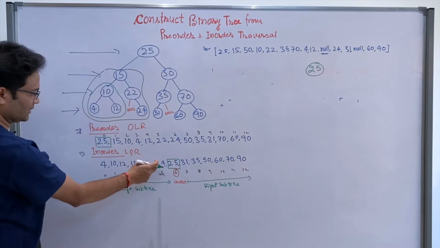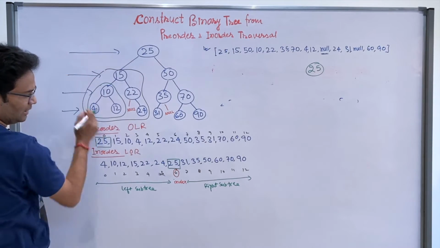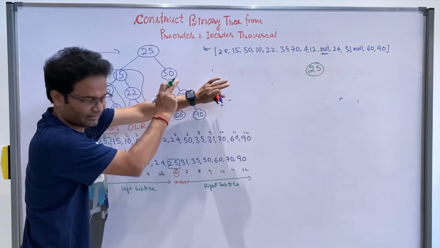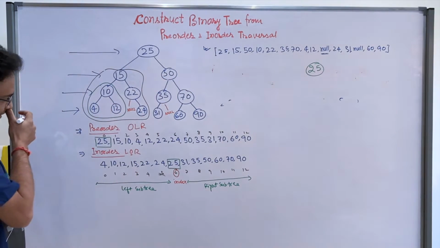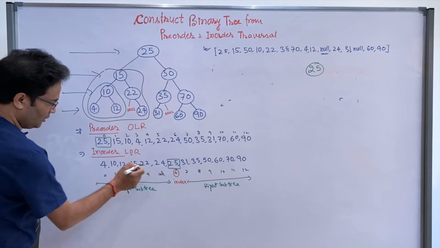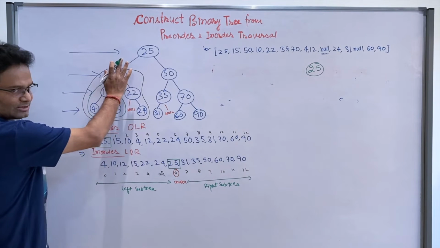All the elements must be on the left side of 25, and these elements must be on the right side of the 25, right? So now we understand that 25 is our parent.